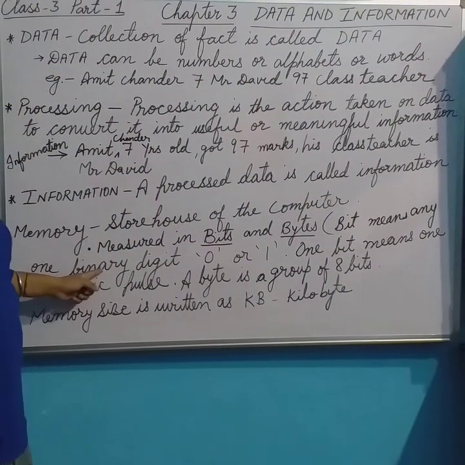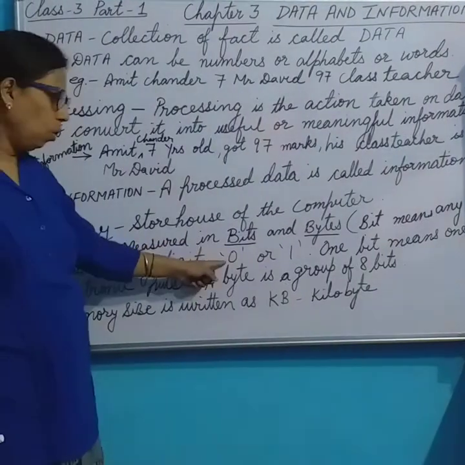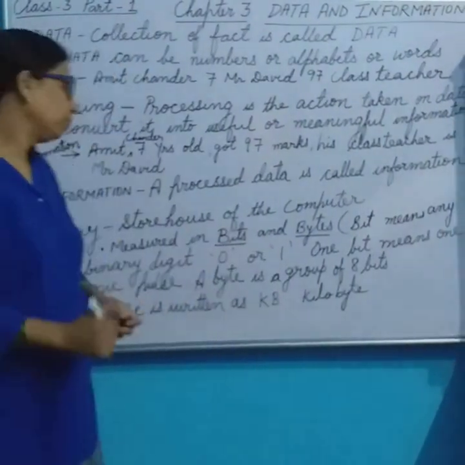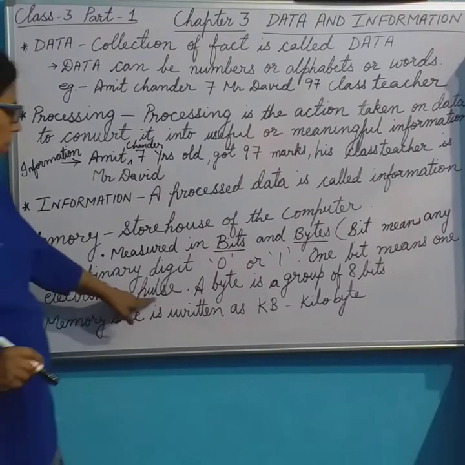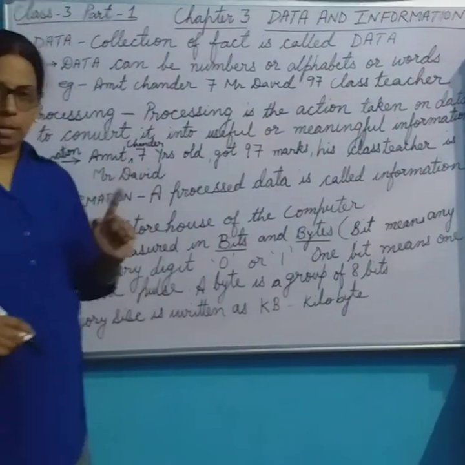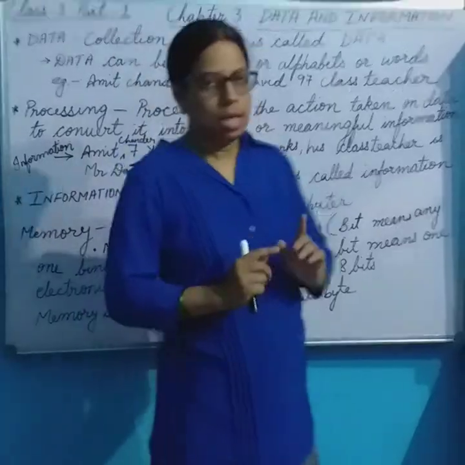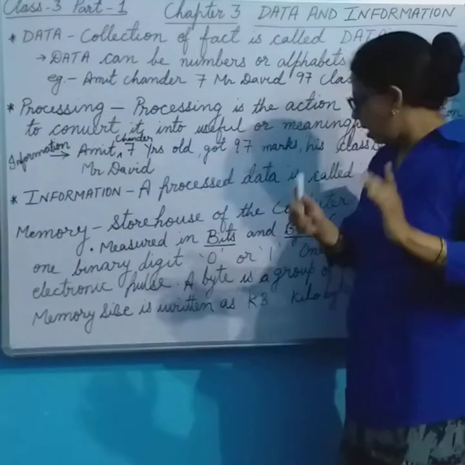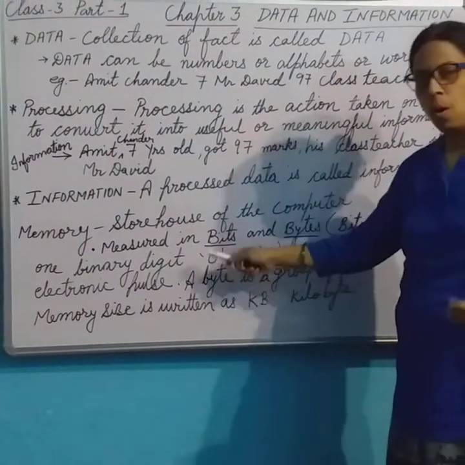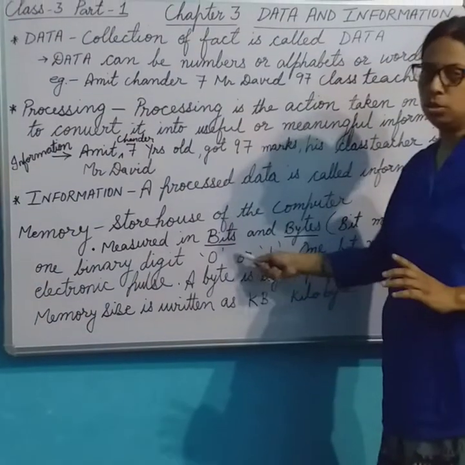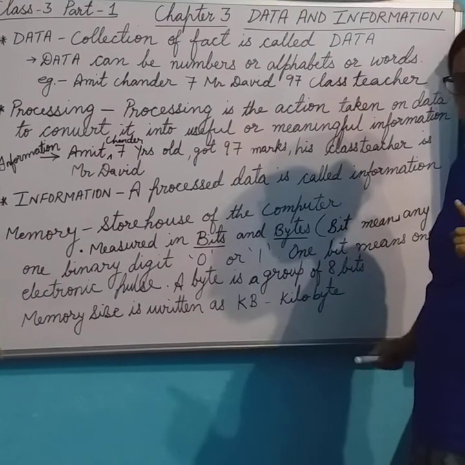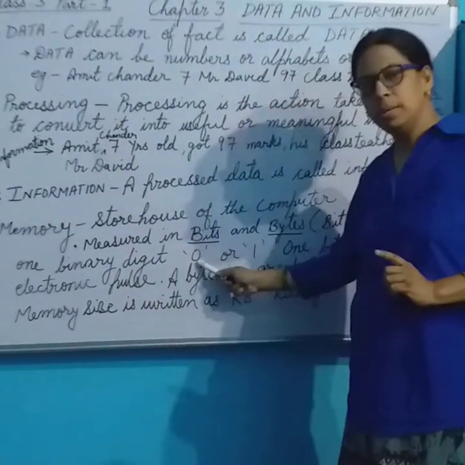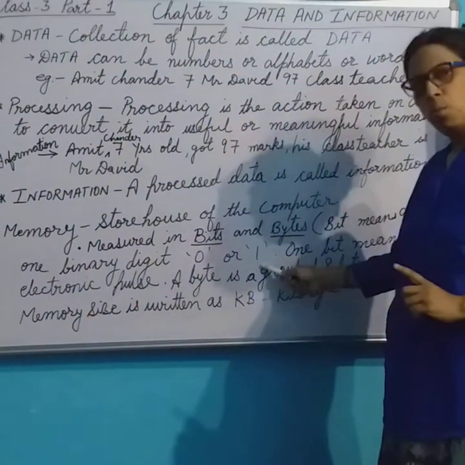There are only two binary digits, 0 or 1. Now, 1 bit means one electronic pulse. When we say 1 bit, it means either 0 or 1, not both. One pulse means either it will be 0 or it will be 1.